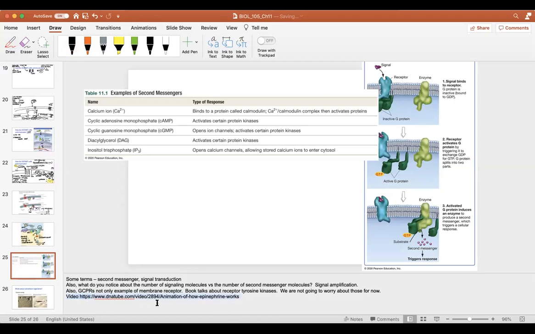And we're going to view that together here in just a second. But I also want to let you know that there is an animation in your book. So if you go to the study area of your textbook and you go to animations, there is an animation in your book that demonstrates this as well. But I'm going to pause this, and when I come back, we'll preview this video together.